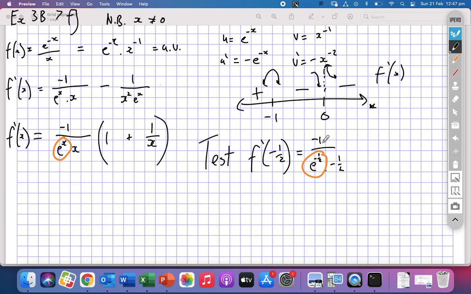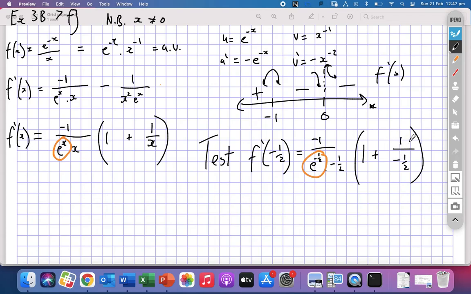What we end up with there is a negative divided by a negative, which is a positive. And we'd have 1 plus 1 on -1/2. So 1, this is a negative number. 1, how many halves is 2, and it's -2.